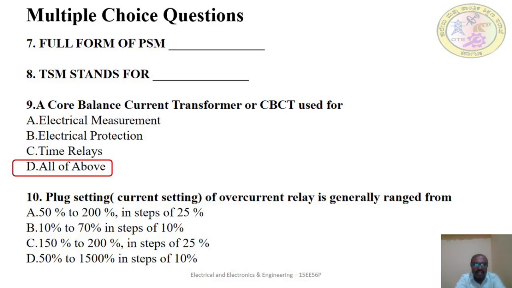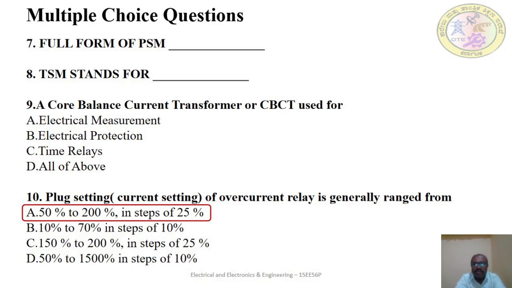Next question. Plug settings or current settings of overcurrent relays generally range from, the options will be 50 to 200%, 10 to 70%, 150 to 200%, 50 to 1500%. Actually, for overcurrent, the option will be A, 50% to 200% in steps of 25%.